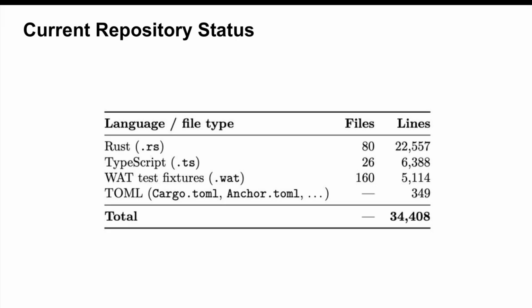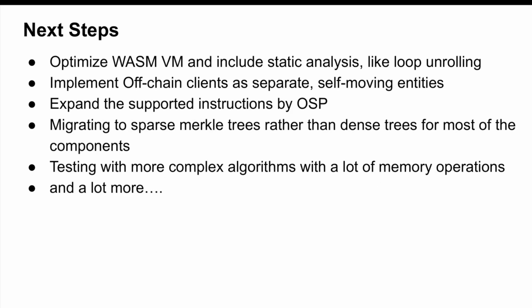The next step would be to optimize the virtual machine, obviously, with static analysis, like loop unrolling. Implementing off-chain clients as separate sub-modules, that's also another thing for production. Obviously we need to expand the OSP so that we don't run into unsupported instructions.